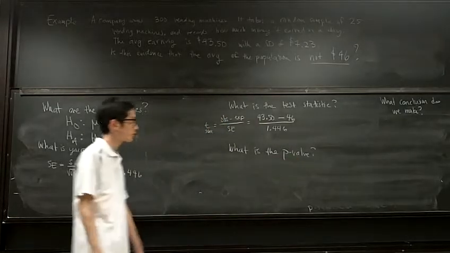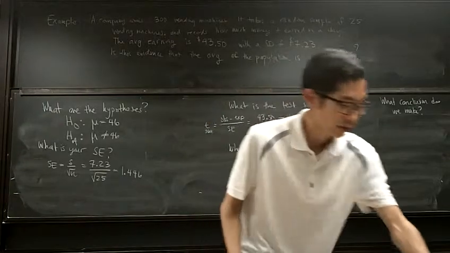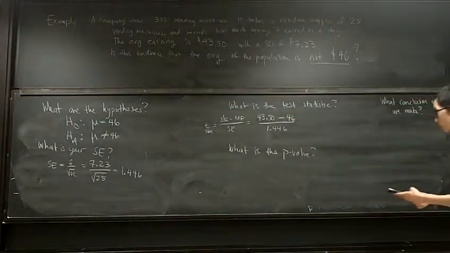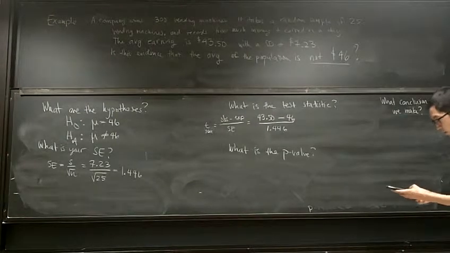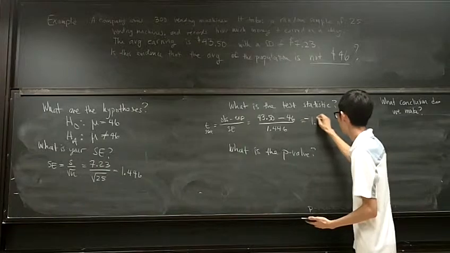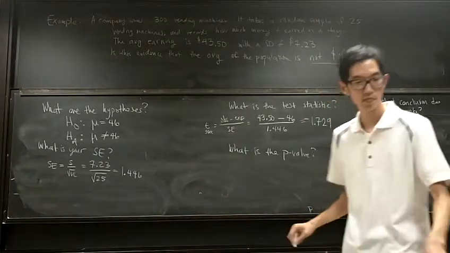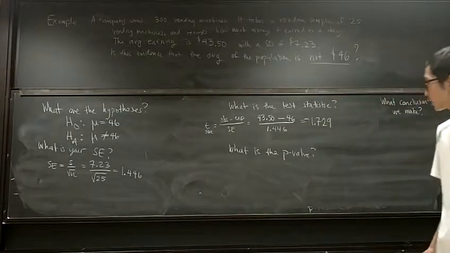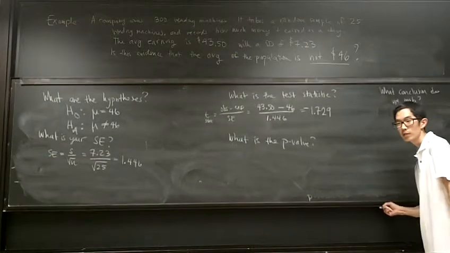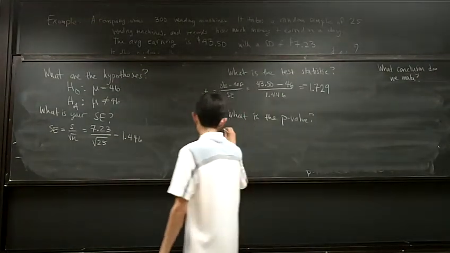So 1.446 is my standard error, and I get 1.729, or negative 1.729. Okay? So my machines are making less than what I expected, but is this a big deal or not? Is it within the norm of just different things?